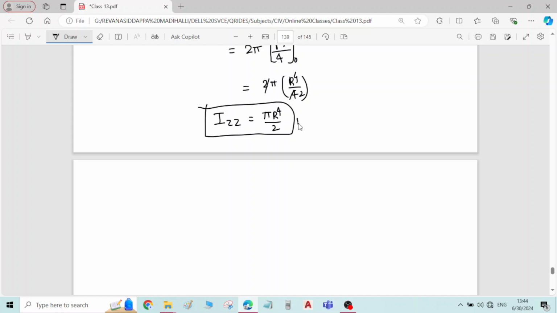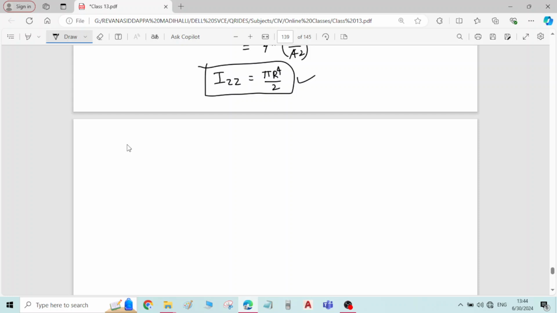Now we have derived the equation for the moment of inertia about the z-axis. Now we should also derive the equations for Ixx and Iyy, the moment of inertia about the x-axis and the y-axis. For that we will utilize the perpendicular axis theorem.